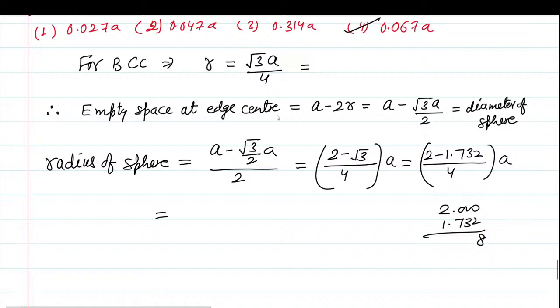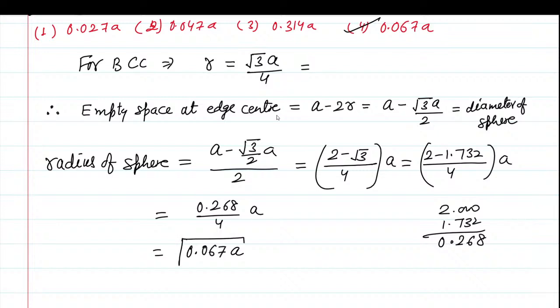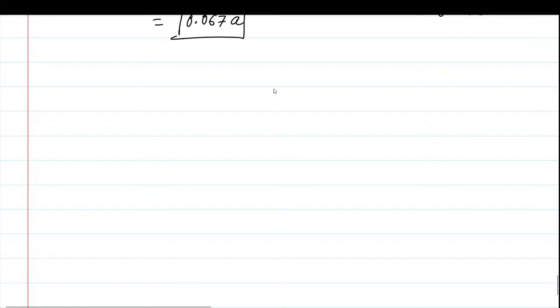That is 0.268 by 4, which is about 0.067, so 0.07A.